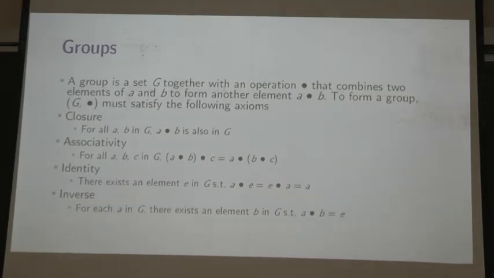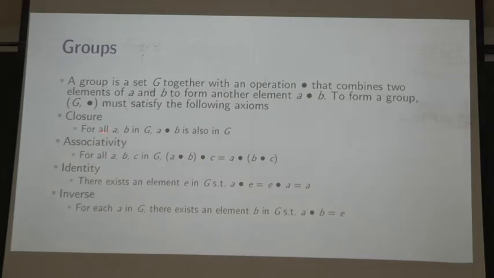But to be called a group, it must satisfy the following axioms. There are some conditions for addition and the set of integers to be called a group. What are the axioms?